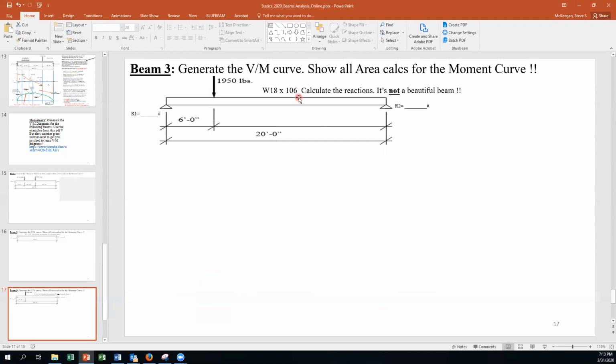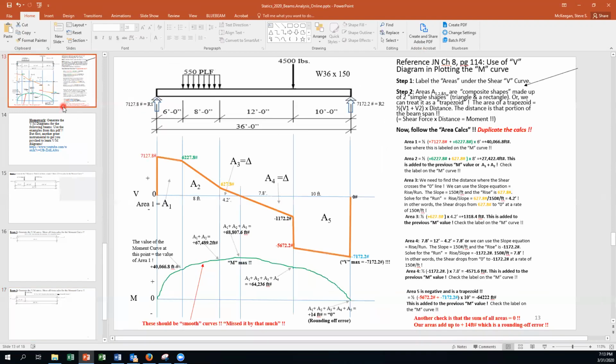We do not have a partial linear load, but we have another concentrated load. We want you to calculate the reactions. It's not a beautiful beam, so make sure you're still staying up to date on how to calculate reactions.